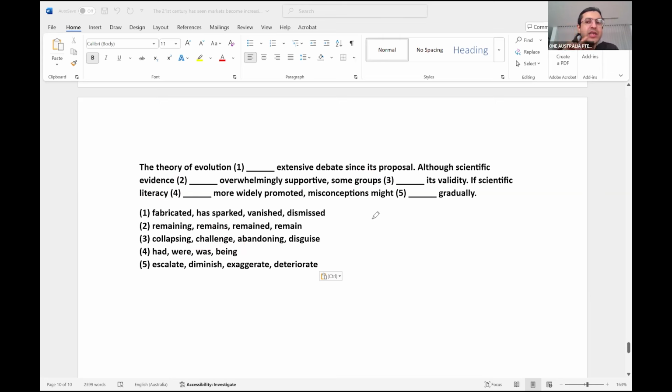Now the next sentence is very interesting. It starts with if. If is a conditional. Always remember. If scientific literacy dash more widely promoted. Was or were? Were. Even in the previous class, I explained this rule to all of you. Some of you might remember, some of you might have forgotten it. It's a very important rule.